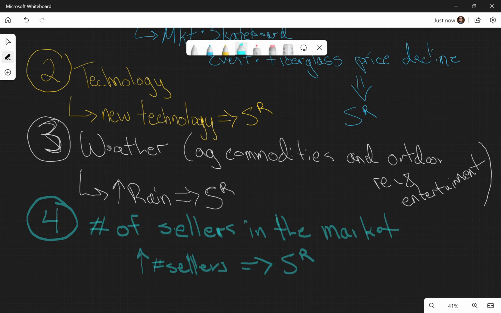And that increase in the sellers is going to cause a shift outward in the supply for Shadron coffee. So this is our new supply curve. This is our old supply curve as a result of the example. There's a new coffee shop.